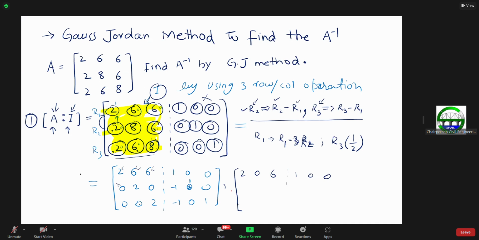Our first operation was this one, and after this operation we have 2 0 6, 1 0 0, then 0 2 0, and after subtracting it will be -1 1 0, and finally when you multiply this one, then 0 0 1, and here -1 by 2, 0, and 1 by 2.